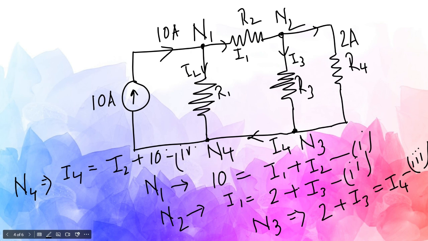Since there are four equations, we can find the values of I1, I2, I3, and I4. That is how we can analyze circuits using Kirchhoff's current law.